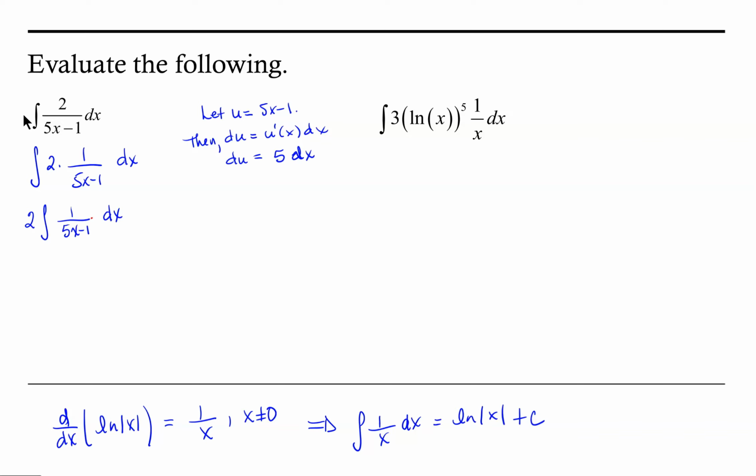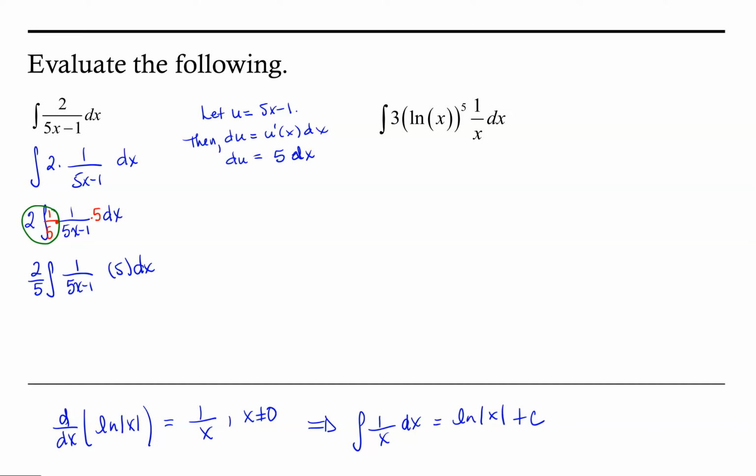If I do that, and combine the 2 and the 1/5, I'll get 2/5 the integral of 1 over 5x minus 1 times 5 dx.